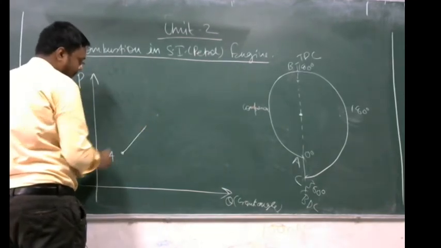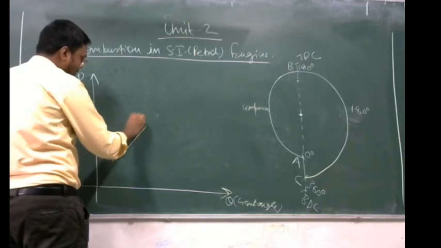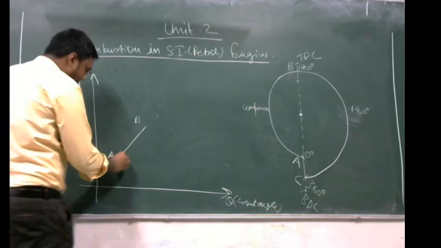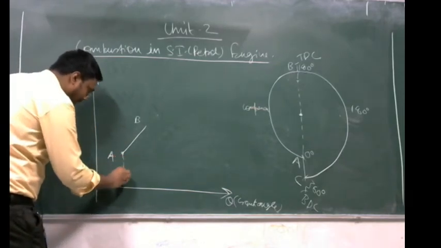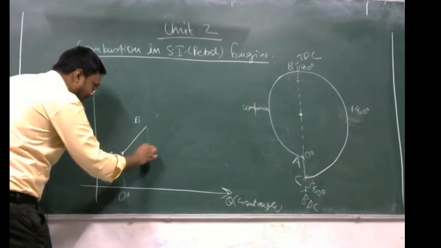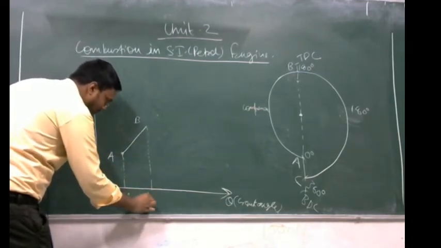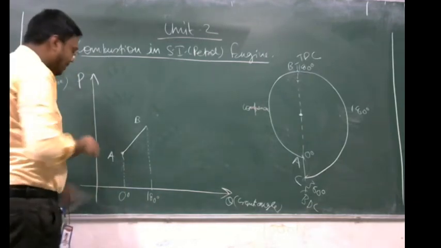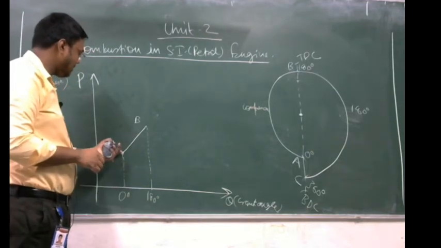So A to B. At point A we have assumed that the angle is 0 degrees, and at point B, at the end of compression, the angle is 180 degrees. So the crank has rotated by half a revolution, and pressure has increased.